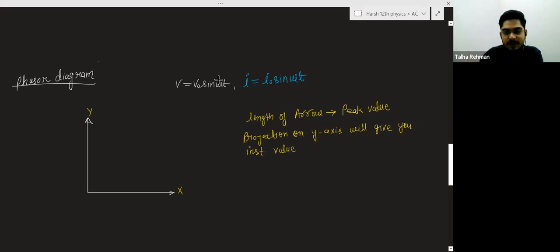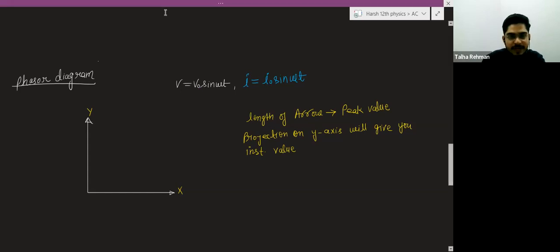Suppose I am writing something like sine of 30 degrees. With sine, the other thing is the angle. So omega t is basically an angle.